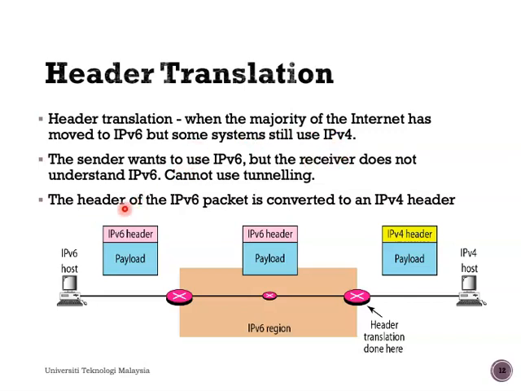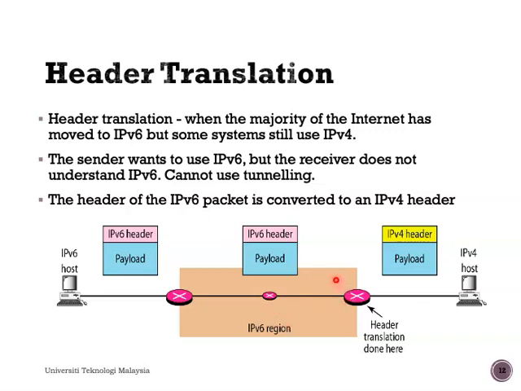So for this case, the header of the IPv6 packet is converted to an IPv4 header. In the example here, the IPv6 host sends a datagram with header and payload, which is routed in the IPv6 region.